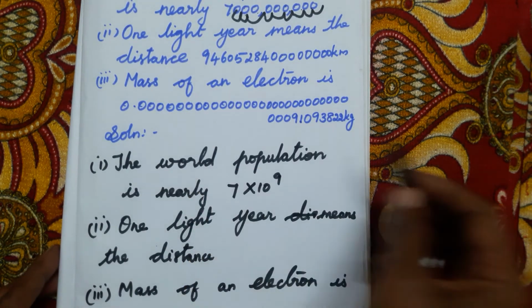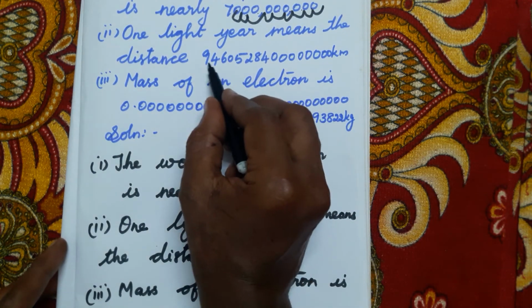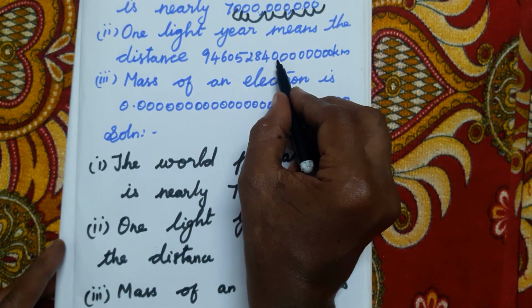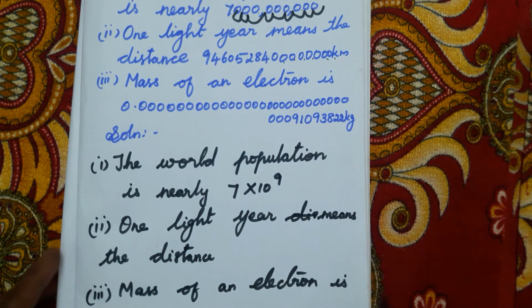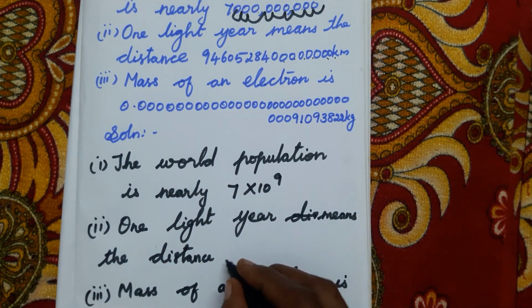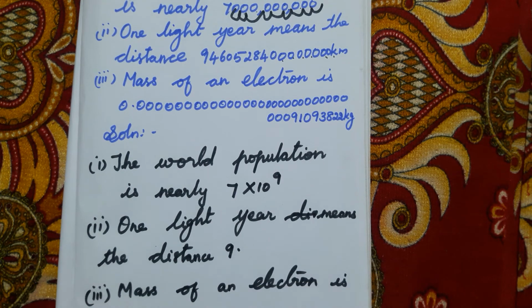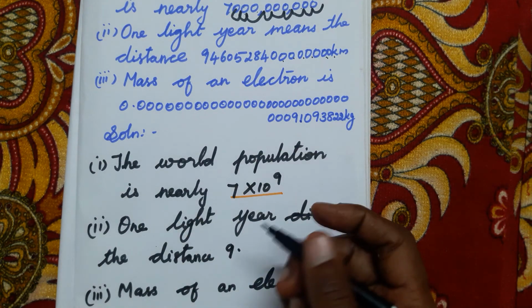Next, 1 light year means the distance 9460528400000000 kilometer. Here 9 point we have to write it. After writing that, how many digits are there?